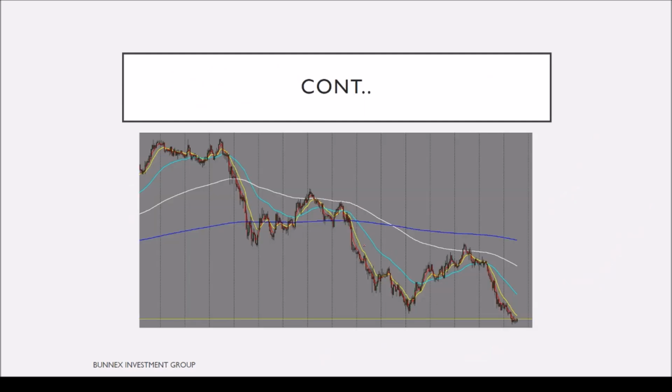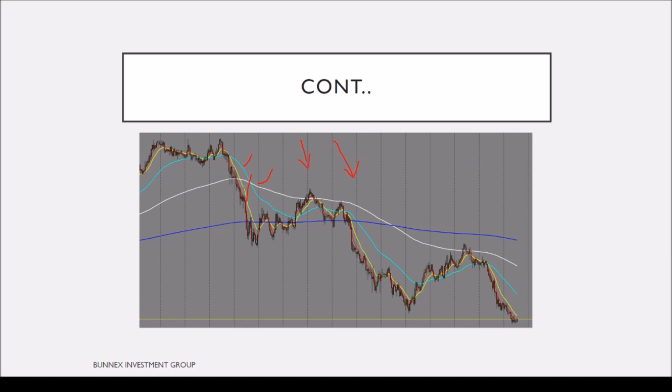Here's the example. So this is how I determine the trend using moving averages. I usually love to use the 30, the 50 and the 200 to give me my bias or my trend. The first thing that I wait for is to see the 50-200 cross. Whenever I see a 50-200 cross, like in this scenario, this tells me that the trend is going down.